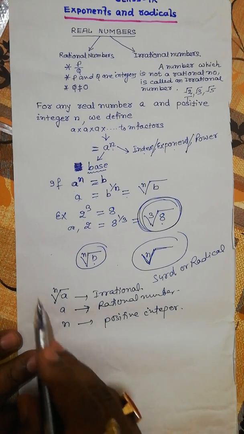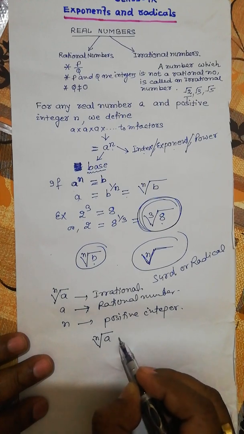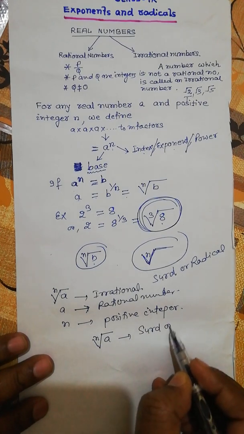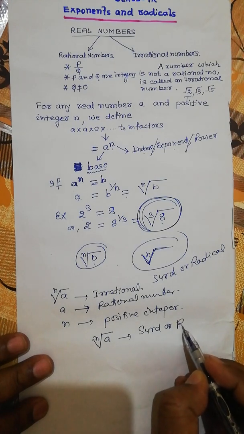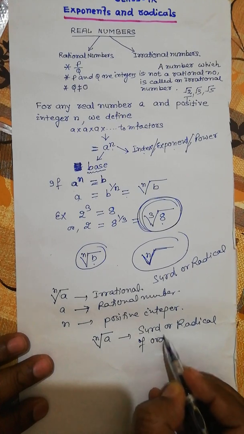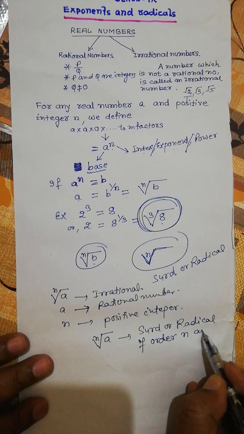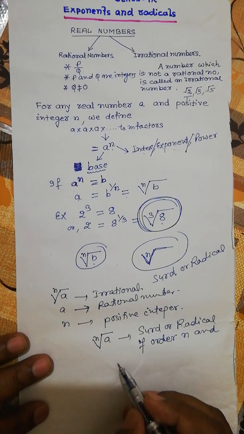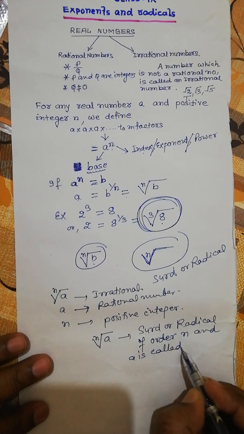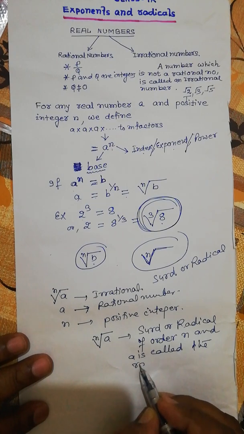If these conditions are followed, then the nth root of a is called a surd or radical of order n, and a is called the radicand.